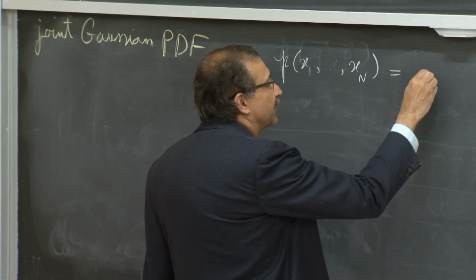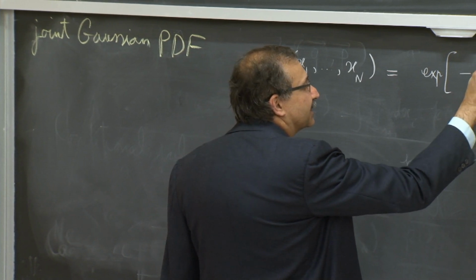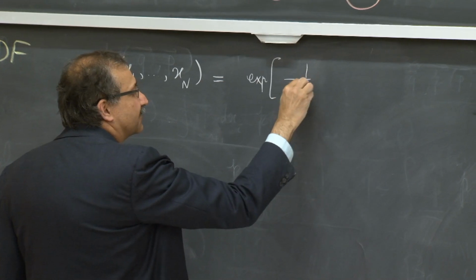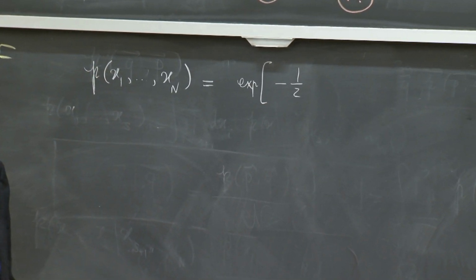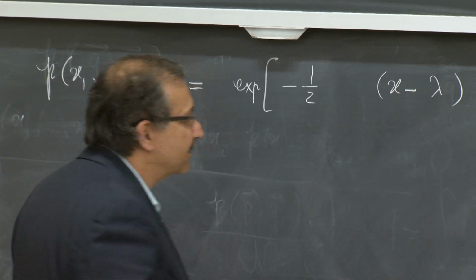So what I have there initially is a factor which is exponential of minus 1/2 x minus lambda squared.